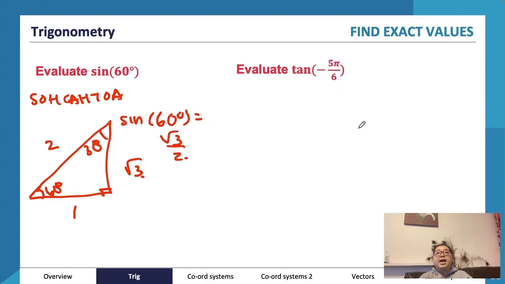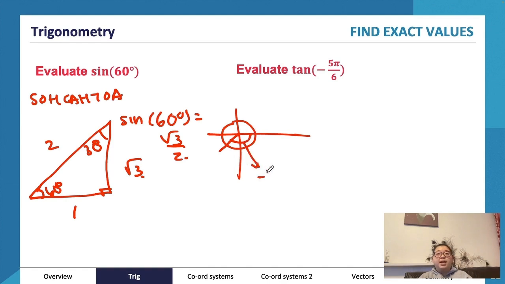Alright, so tan negative 5 pi on 6. Because this isn't in the first quadrant values, we can re-evaluate. In terms of negative 5 pi on 6, here is going to be negative pi, because we're traveling pi in the opposite direction to the positive direction. So it's not yet reaching that, and it's going to be here.